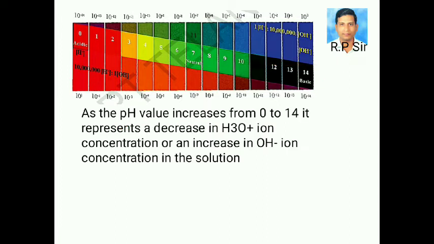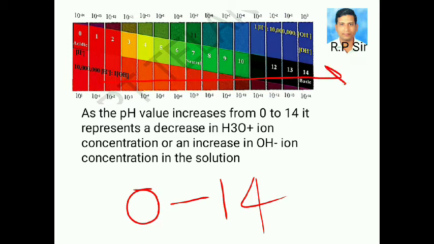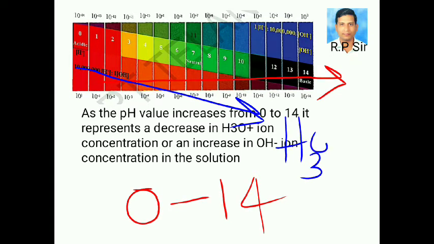The pH scale is from 0 to 14. As the pH value increases from 0 to 14, it represents a decrease in hydronium ion concentration or hydrogen ion concentration.